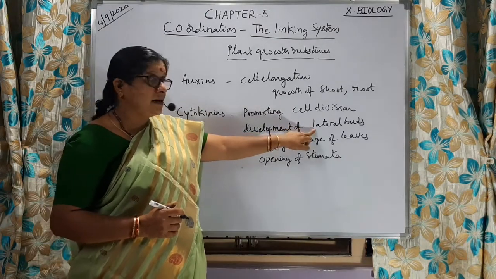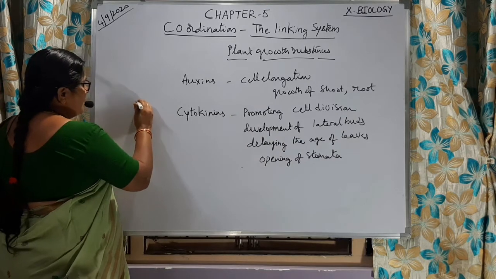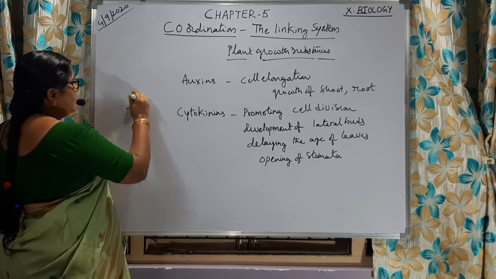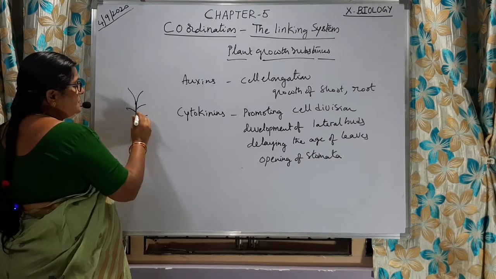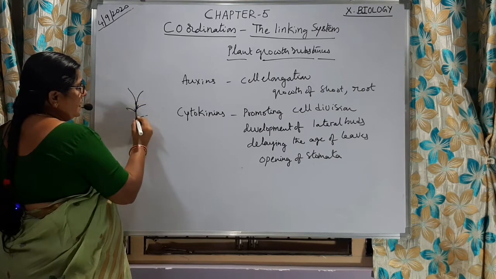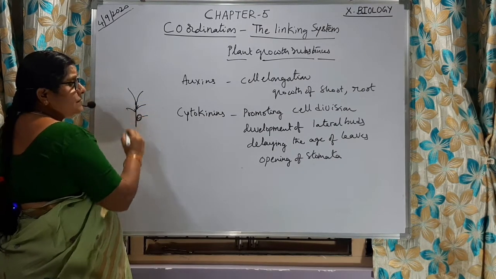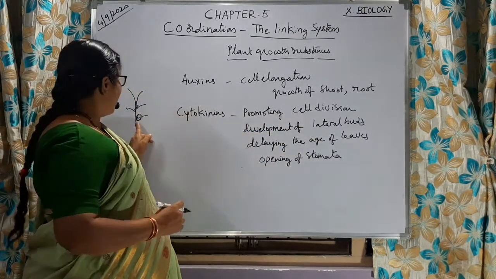Then development of lateral buds. If we observe the plant like this, branches are there, and if any branch is cut, another branch or lateral buds are going to develop. We call them lateral buds or lateral branches.